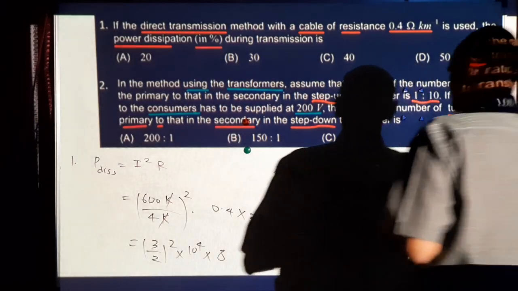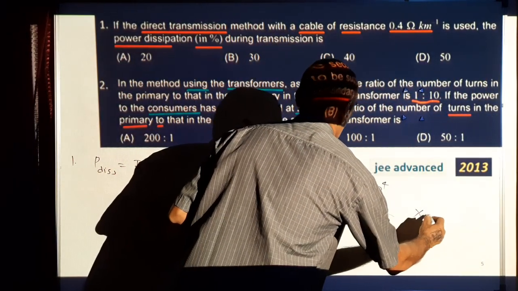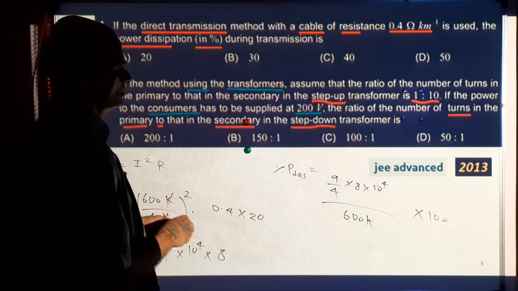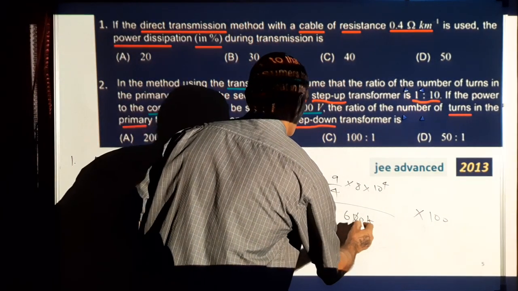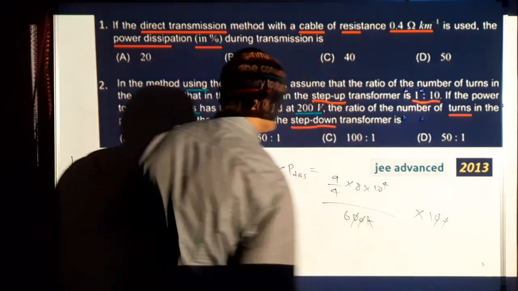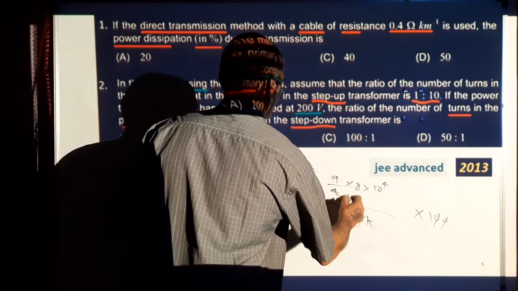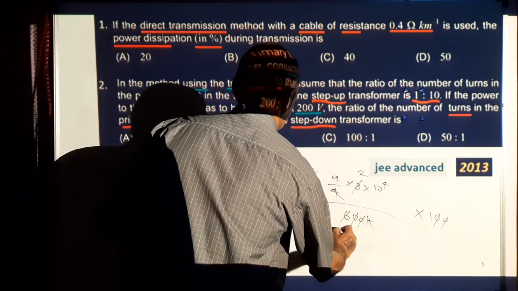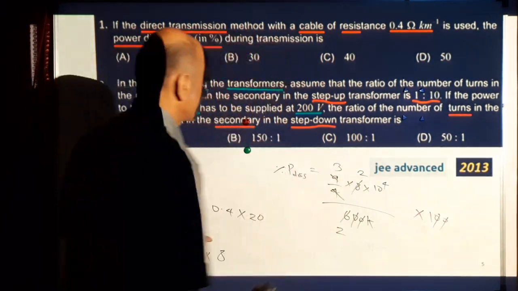And percentage means this is the fraction. To get percentage, you have to multiply by 100. So a lot of things are cancelling.